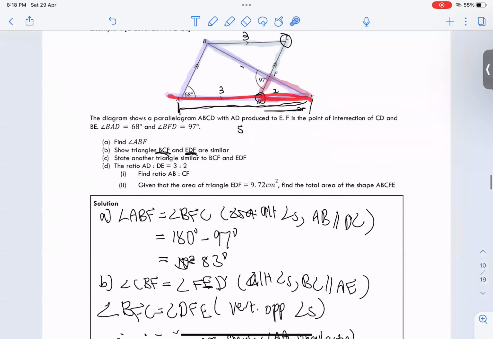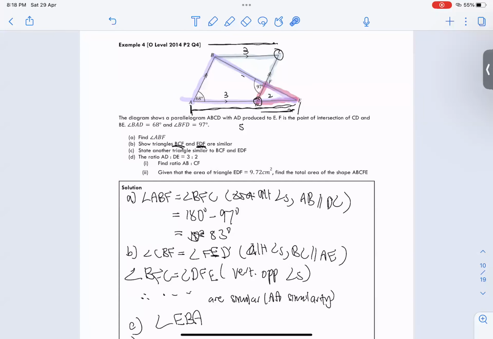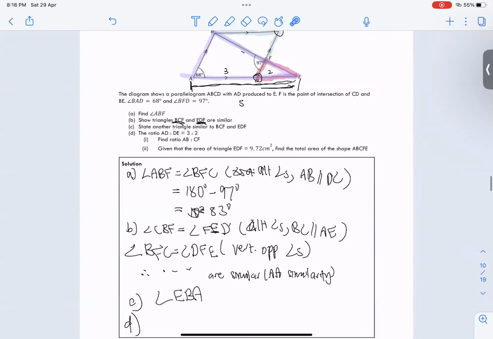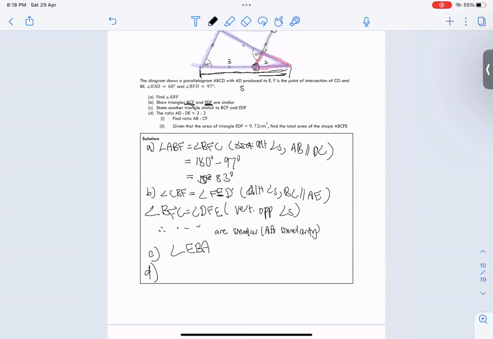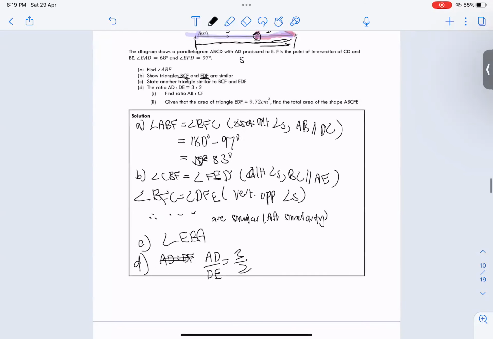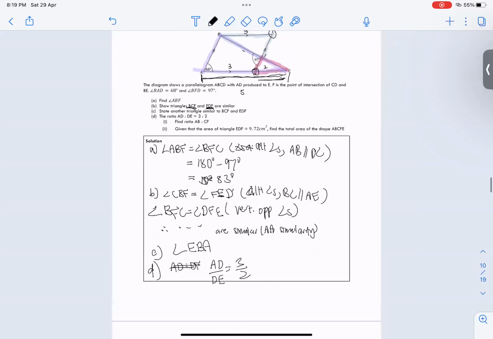So ratio AB to CF. Okay. You know ratio AB to DE is 3 to 2. And that means CF over BF is 3 to 2.